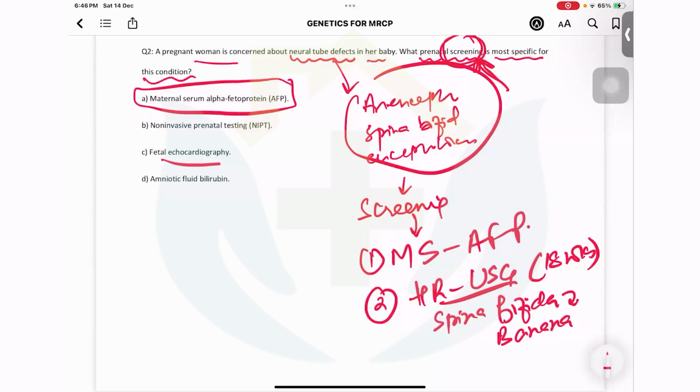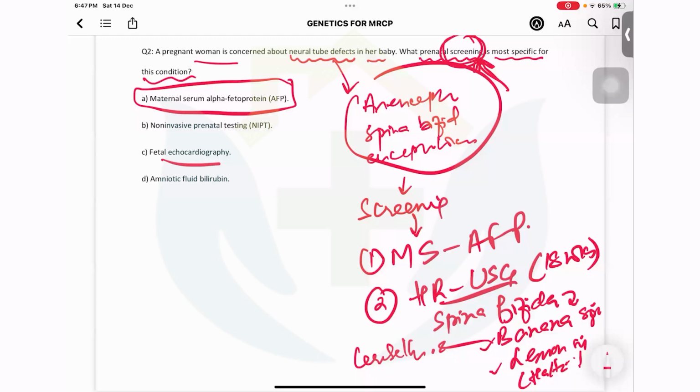One is banana sign, and another is also eatable, that is lemon sign. Lemon sign is flattened frontal bones, and banana sign is herniation of cerebellum. Of course, in anencephaly, there will be absence of the cranial vault that you can see on ultrasonography, and encephalocele, you can actually see visibly.